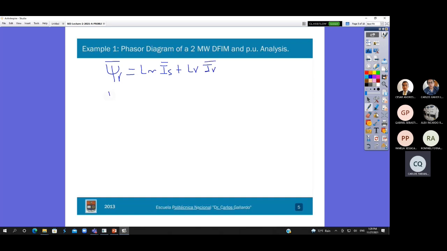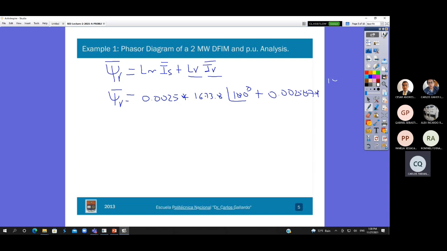So the rotor flux is equal to 0.0025 times the stator current, 1673.8 with 180 degrees, plus the rotor inductance 0.002587 times the rotor current.